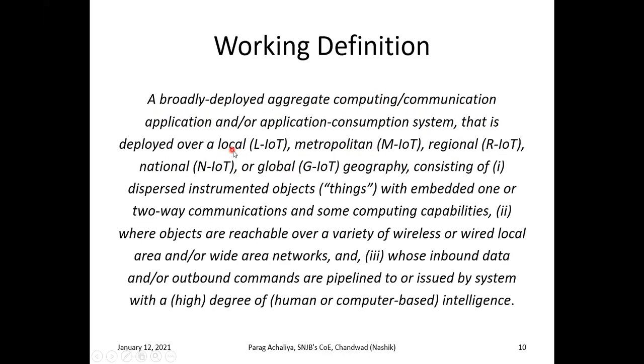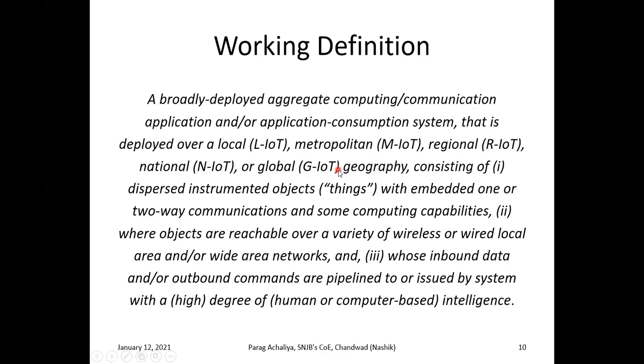If it is at a local place, it will be your LIoT. If it is at the metropolitan level, then it will be your MIoT. Regional, RIoT; national, NIoT; global, GIoT, likewise. And this is divided geographically. On the basis of geography, it is divided into various parts like local, regional, global, and so on.